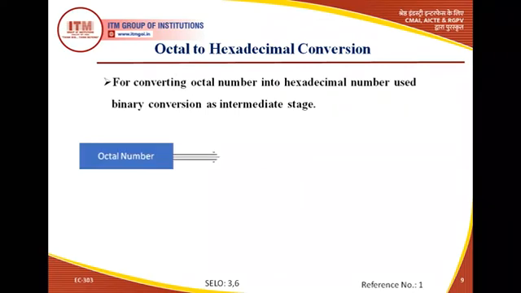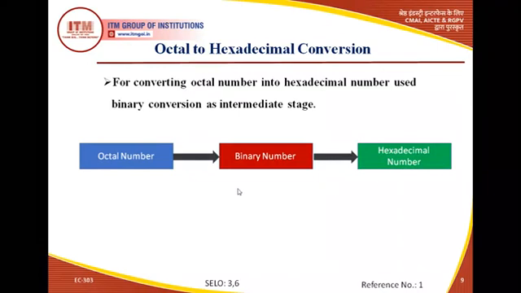So first the octal number is converted into a binary number, and then that binary number is converted into a hexadecimal number. We use the binary number as the intermediate state for converting octal to hexadecimal because it is the easiest method.